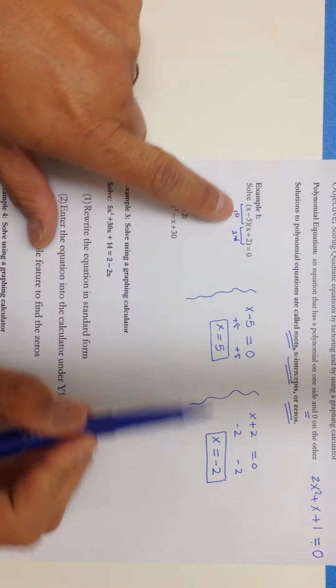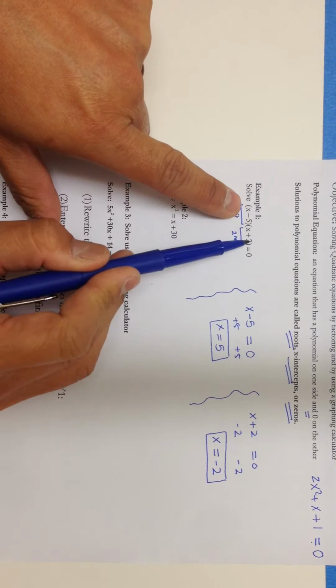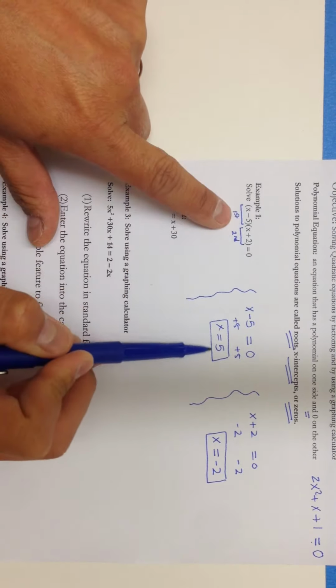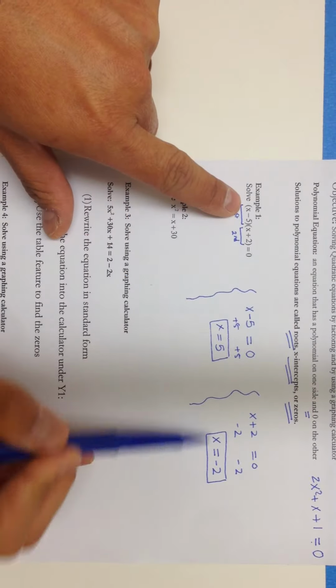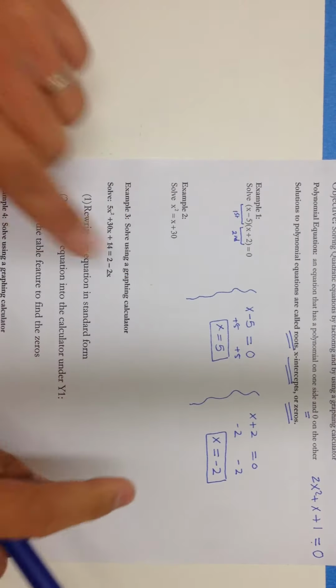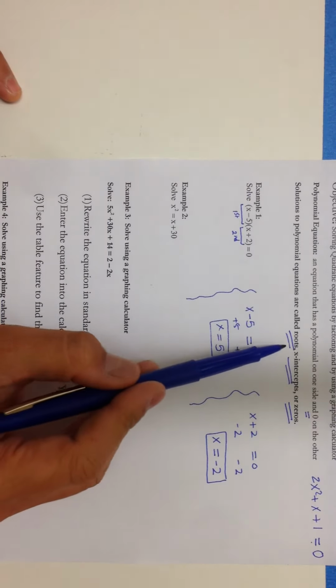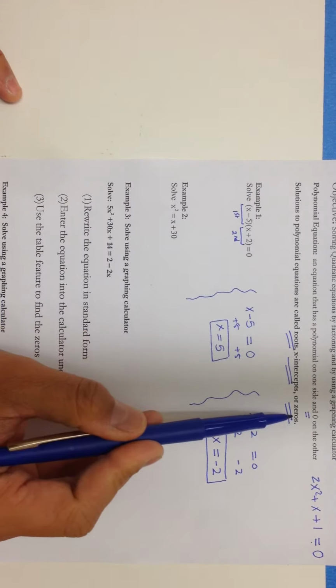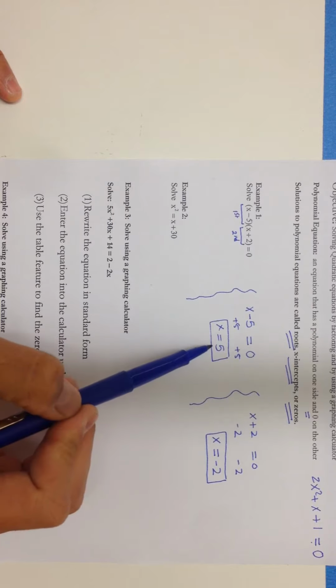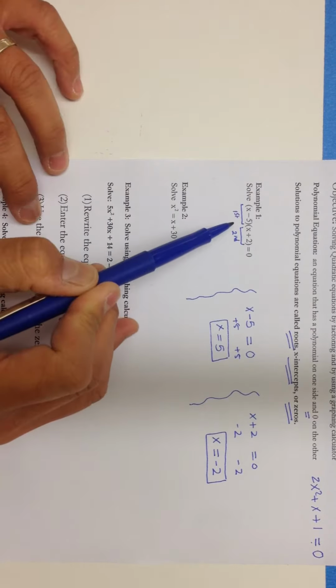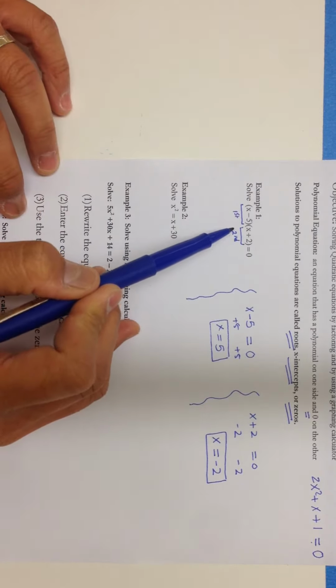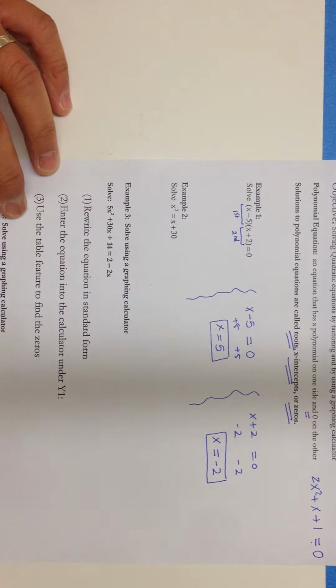These numbers are the x values that will make the left side 0 if you were to plug them back in for x. Sometimes you might see these being called the roots or the zeros, because these are the numbers that if you plug them into the polynomial, the y value is 0.